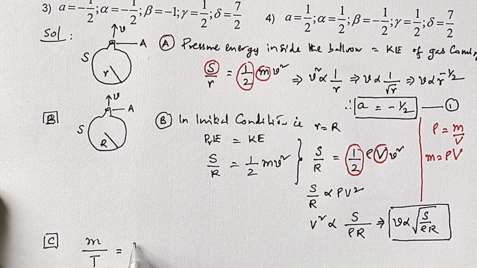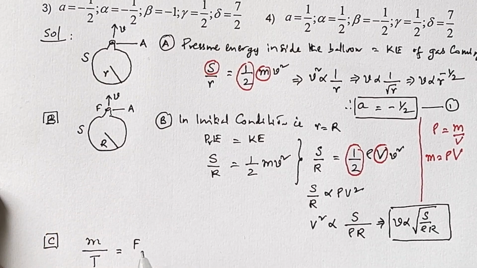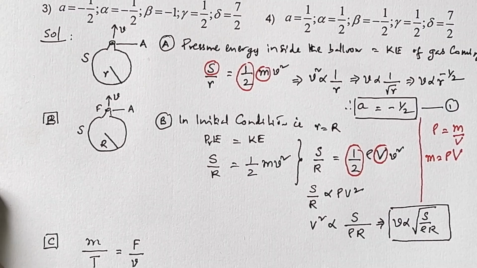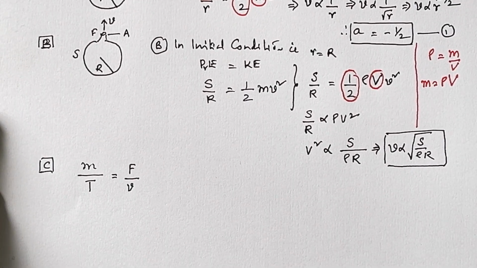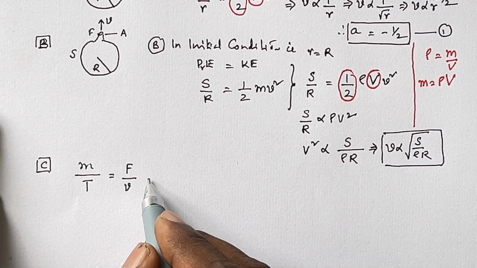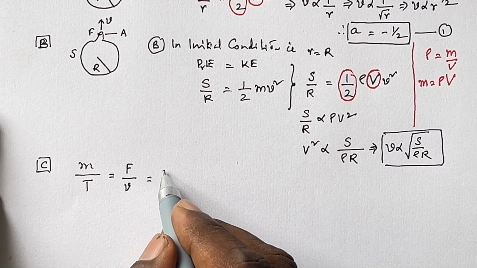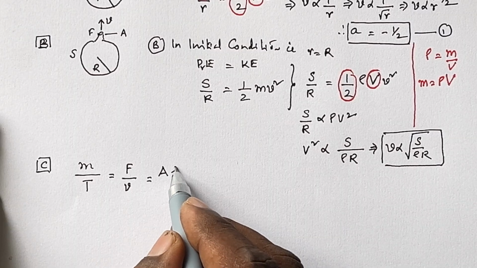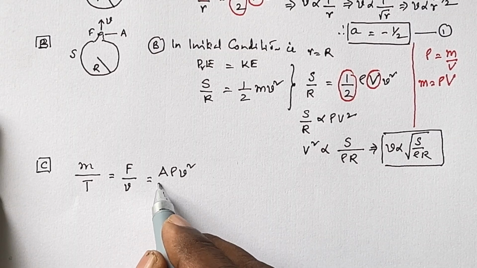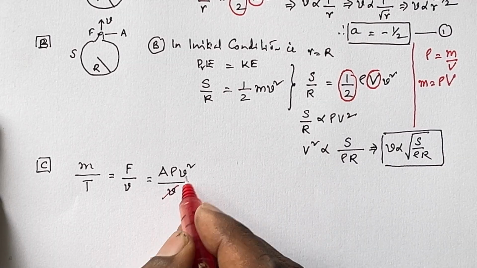This is the force of gas coming out by velocity. This is the mass of gas coming out from the small opening in time T. What is the force formula? Air is a fluid, so the fluid formula is A rho V square by V, so we cancel V and V.